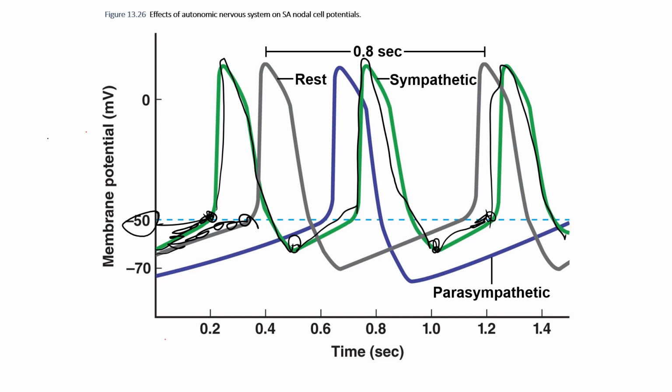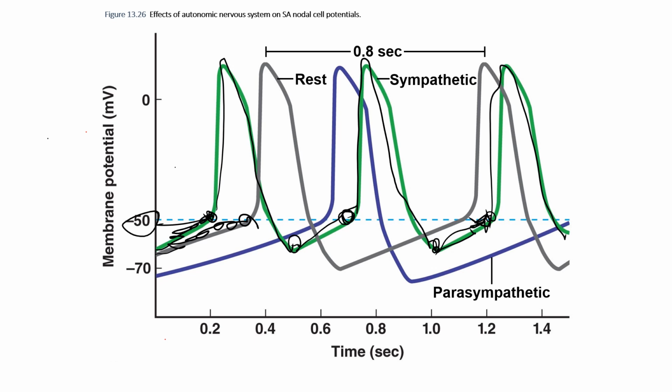As long as the SA node fiber is under a sympathetic stimulus, it's going to keep depolarizing to threshold faster than it normally does, and it's just going to generate more frequent action potentials. Over the course of time, rather than generating 70 action potentials per minute, it might generate 100 action potentials per minute. And it's because of the fact that it's getting to threshold faster.